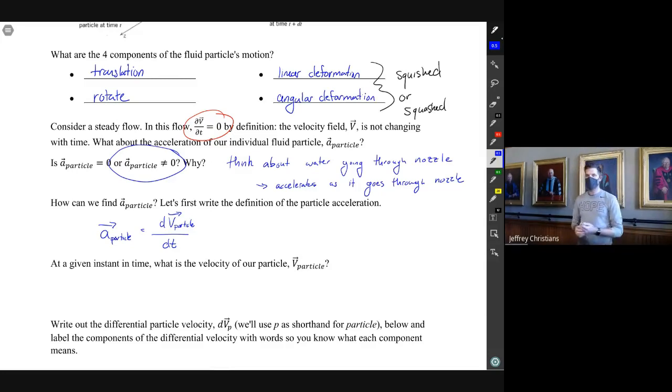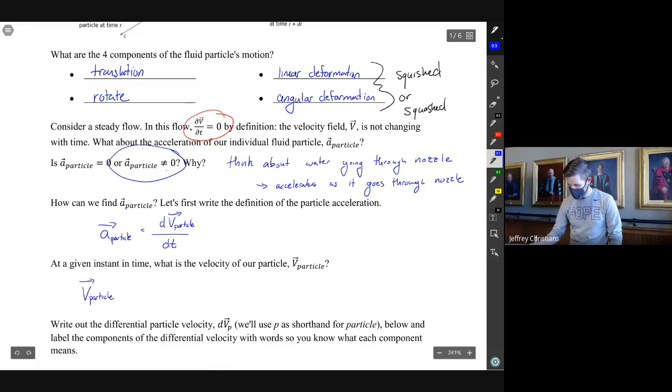So if we took a snapshot at a given instant in time, what is the velocity of the particle? At a given instant in time, the particle's velocity is equal to v of x particle, y particle, z particle, and t.